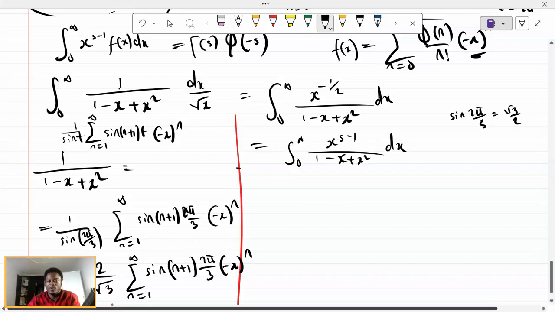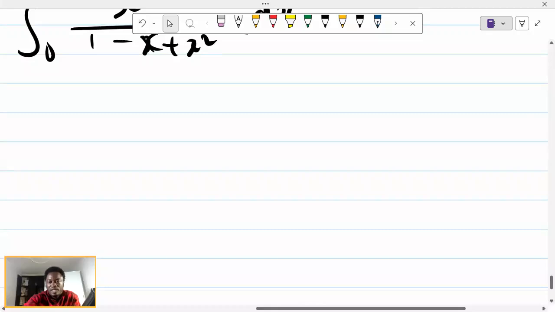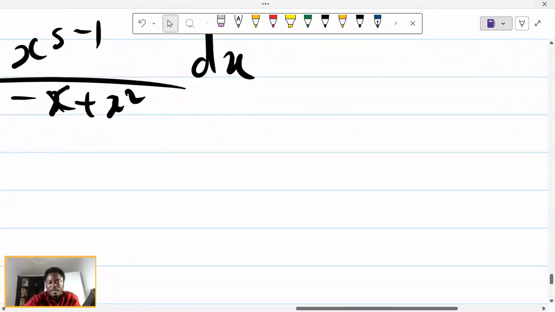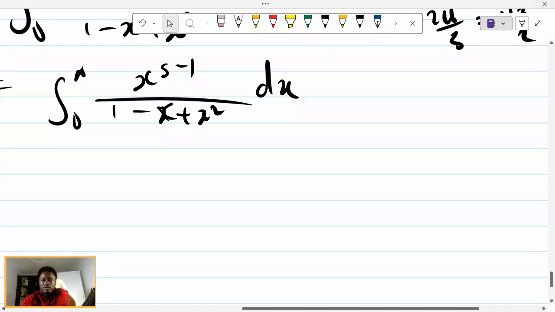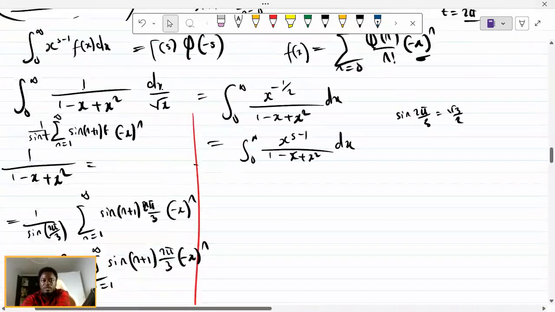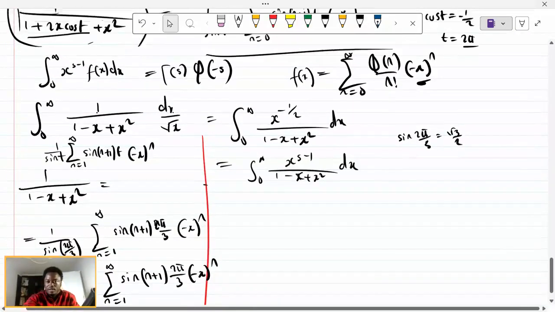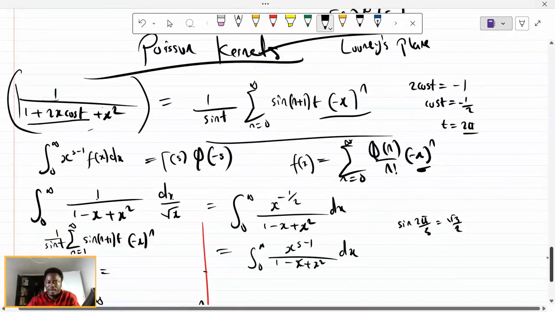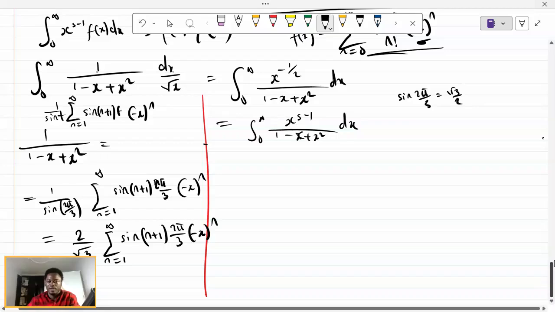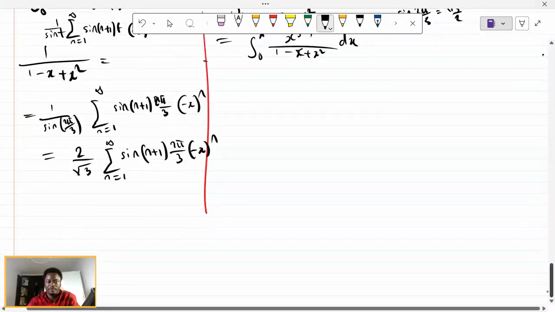Now, we need to remember the Ramanujan master theorem says we need to have a function of n divided by n factorial. So now we need an n factorial here, but that is not really an issue since we can even invent one.